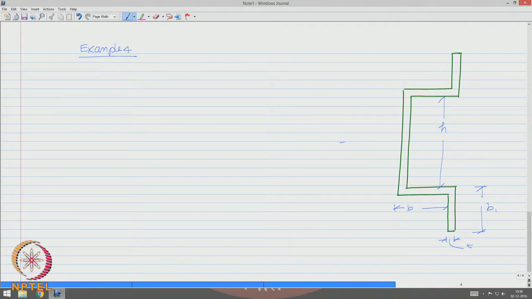As we now agree section has one axis of symmetry, therefore, the shear center will lie at this point. Let us subject the vertical load here. The shear flow will be this way to oppose the shear.